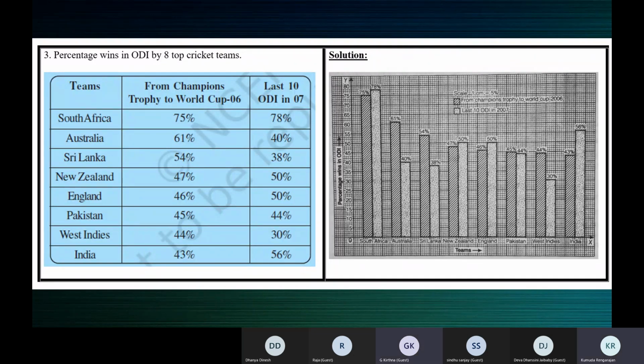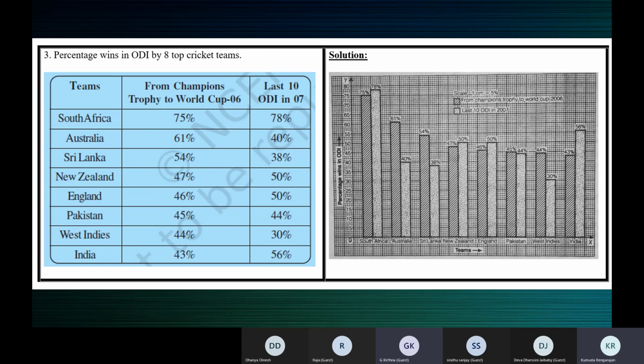Ma'am, I have a doubt in this one, ma'am. Yeah, ask me. Ma'am, in the table they have given 75%, 61% and everything, no ma'am? It's like we should write the bar, x and y axis, and on the y axis we need to write the numbers and just put it as 75%, no ma'am?